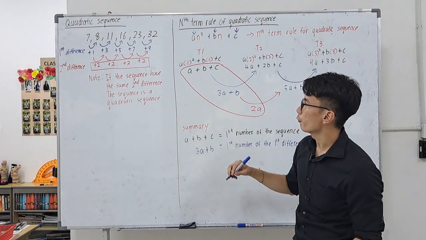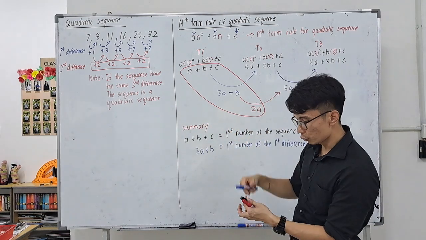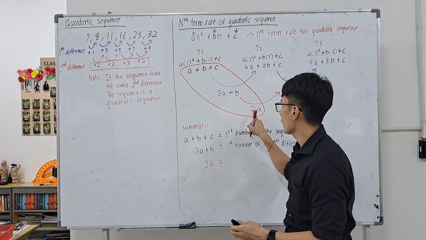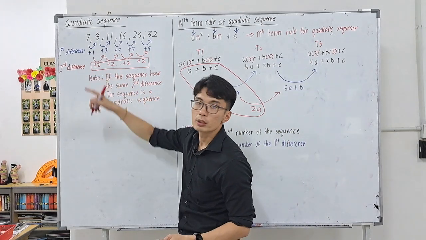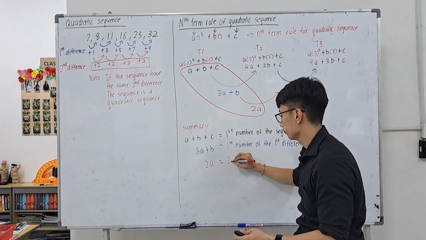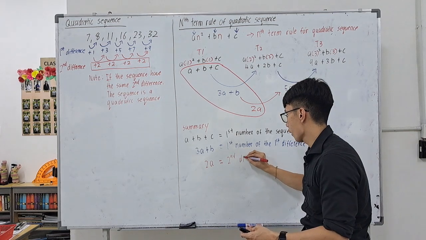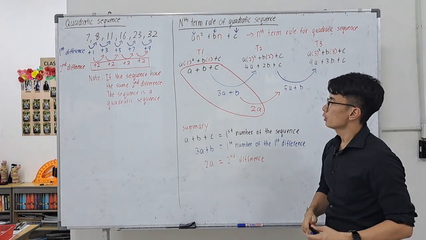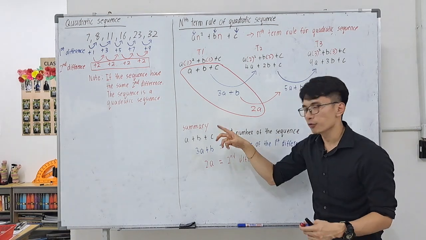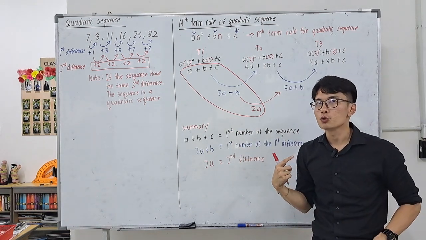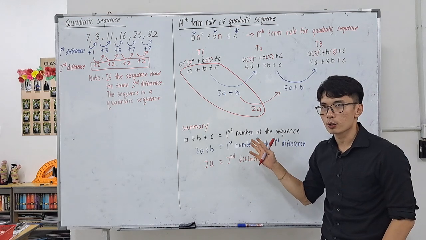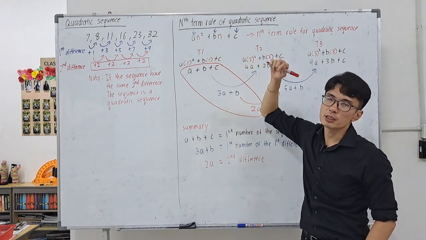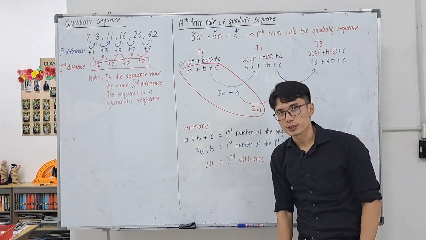And finally, I have my third one, which is 2A only. This expression is equal to the second difference over here. So right now, this is the formula that you are going to use to find the A, B, and C for the n-th term rule of this quadratic sequence.